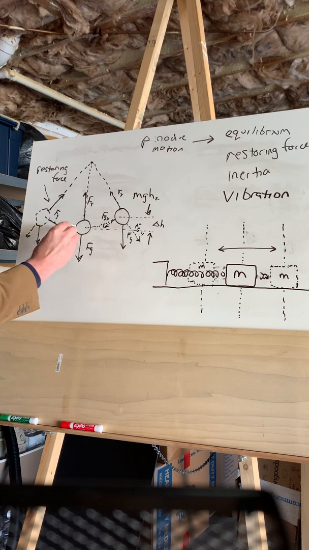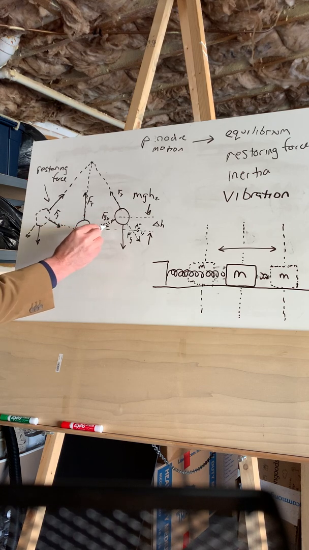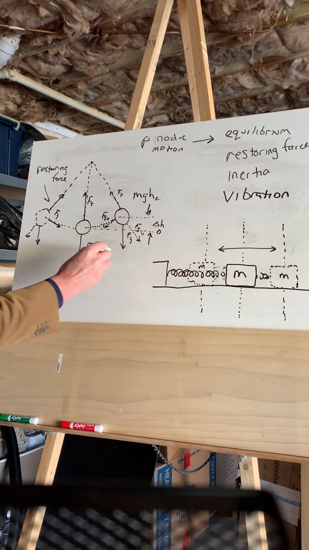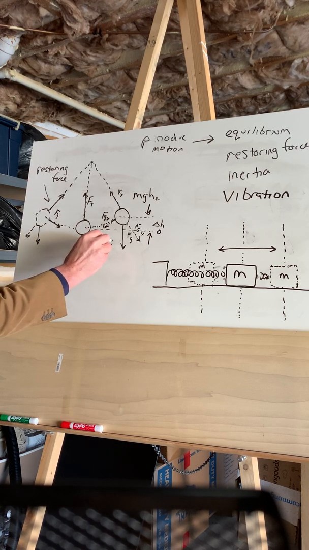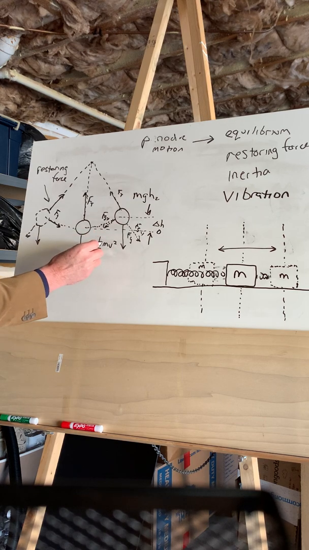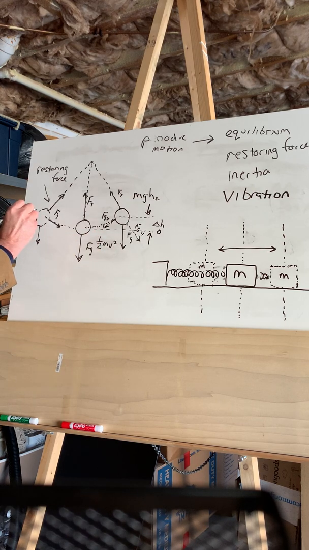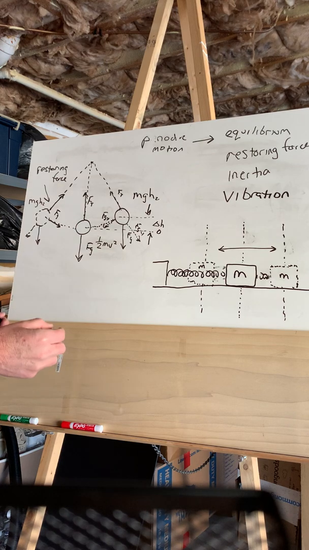And down here, it's come back down to height 0. We'll make this 0. And so the potential energy is 0, but its movement is fast. So it has kinetic energy down here. Then up here has, again, mgh2. And this has to equal that. And that's a way to crack those problems.